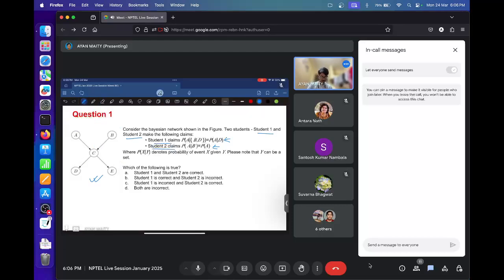So which of the following is true? Student 1 and student 2 are correct. Student 1 is correct, but student 2 is incorrect. Student 1 is incorrect and student 2 is correct. And the fourth option is both are incorrect.